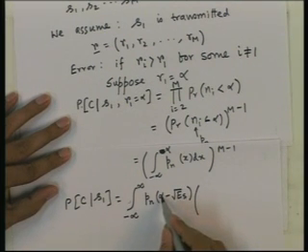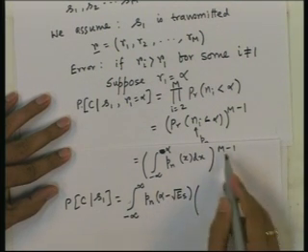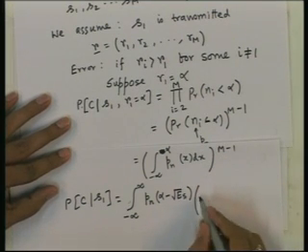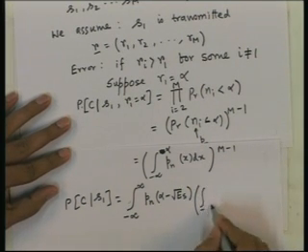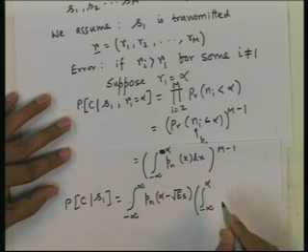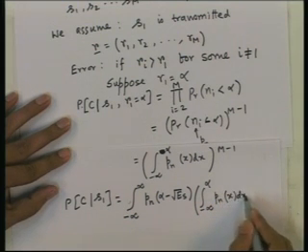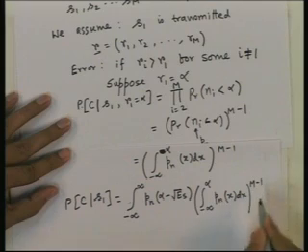So, if alpha is received at the first component, what is the probability that there will be no error? So, we have to multiply by the integral from minus infinity to alpha of Pn(x) dx, power m minus 1, d alpha.